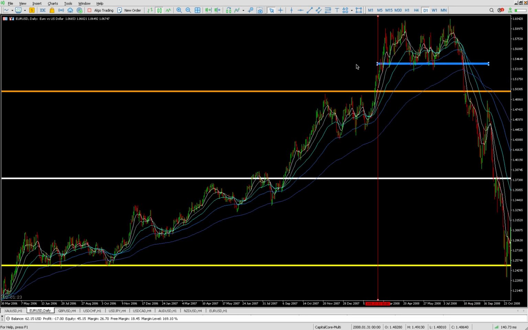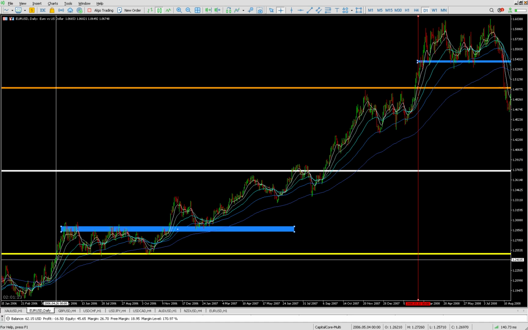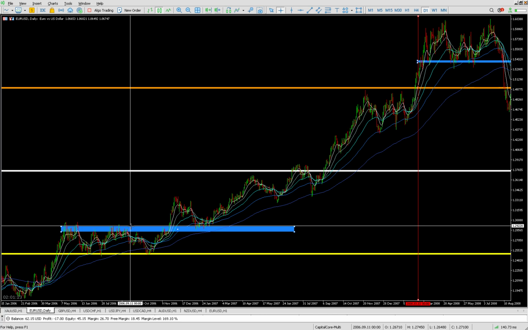Okay, and you can notice what happens, right? It tests here, tests here, tests here, boom. Comes back, tests this area, and so this is the price action that we're looking at. So you see this level here, all that price over there, see all that? That was what we call resistance, right?